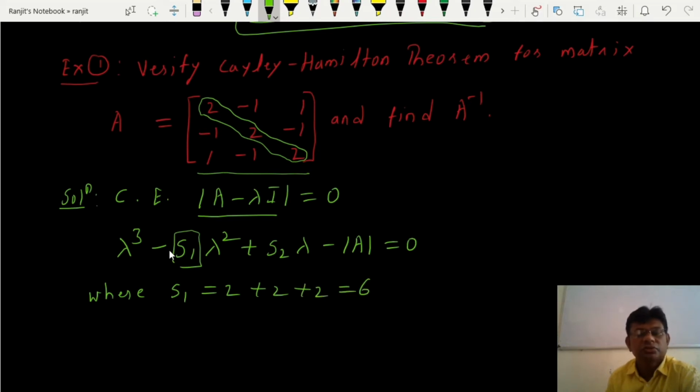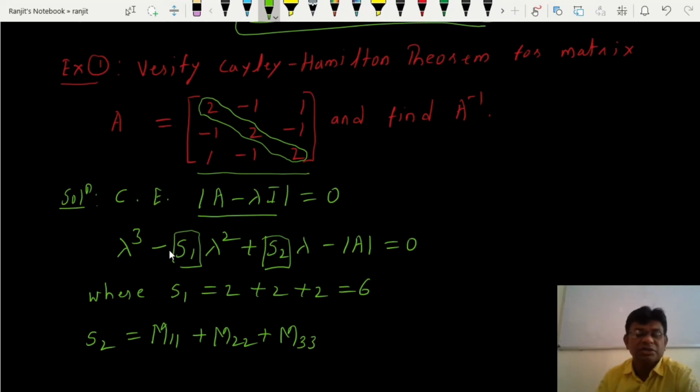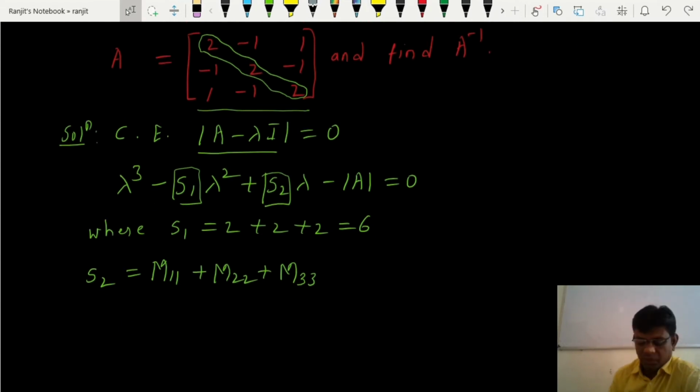And S2 is the sum of the minors of the diagonal elements, means M11 plus M22 plus M33. These are the minors of the diagonal elements of the given matrix A. Now M11 means this is the minor of the first diagonal element.